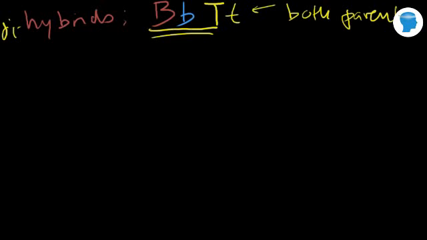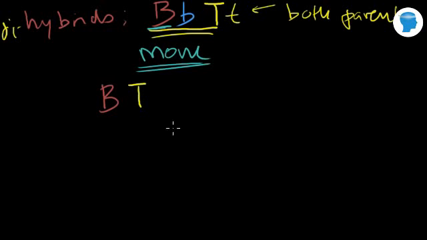So if I'm talking about the mom, what are the different combinations of genes that the mom can contribute? For each of these traits, she can only contribute one of the alleles. She could contribute the brown and the big T. So this is one combination.